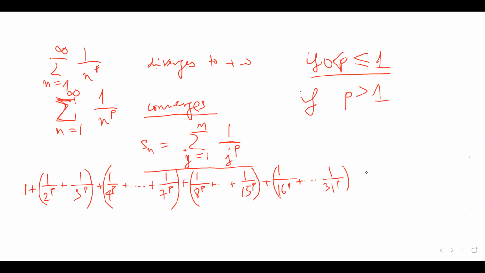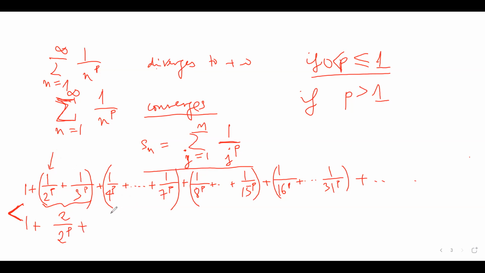And the idea is that for each of these, you can estimate very simply. Here you have two terms, and this is going to be less than the biggest one, which is the first one. So instead of picking the smallest one like before when you were proving divergence, you pick the biggest one, so the inequality goes the other way.